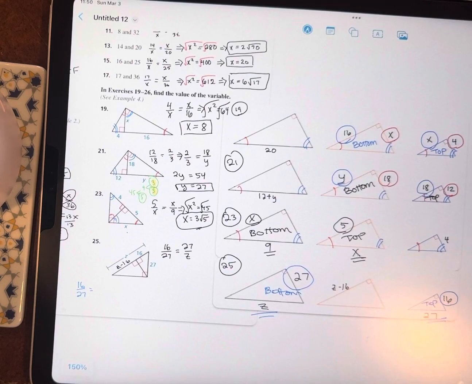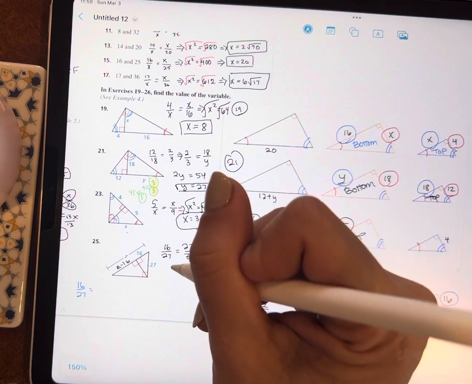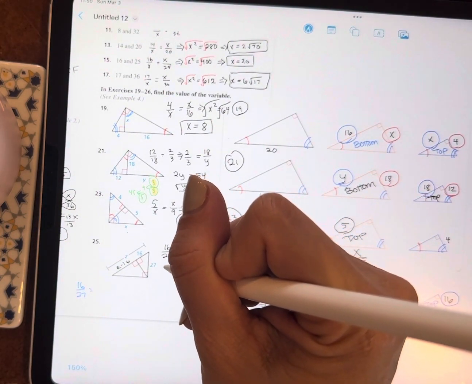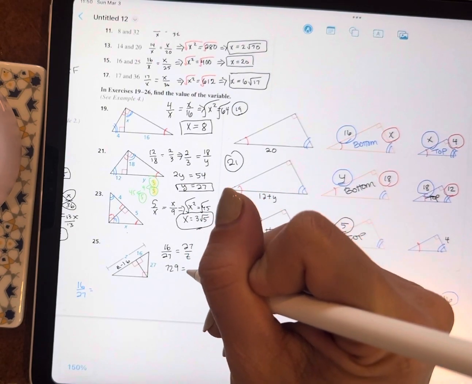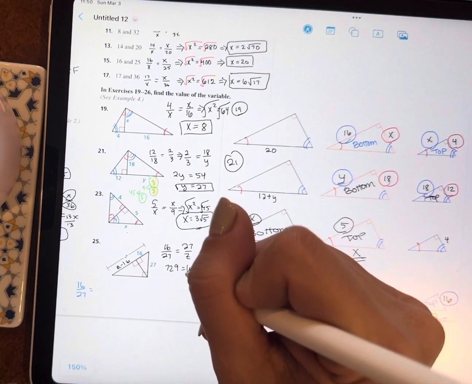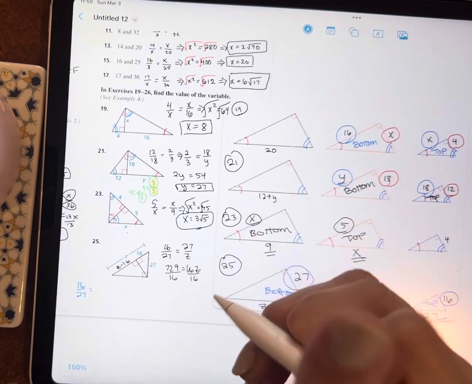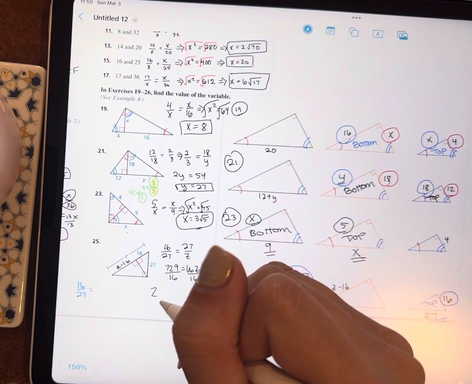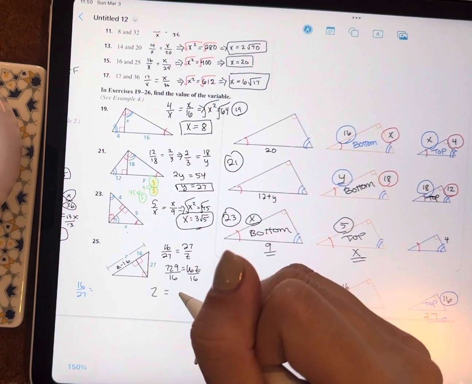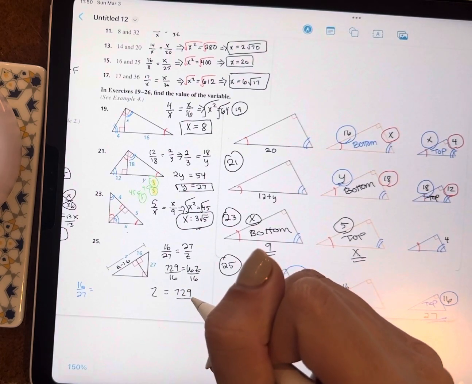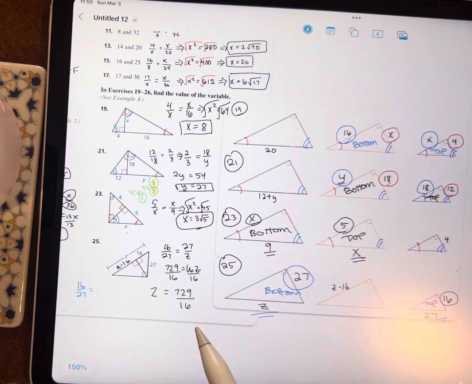Cross multiply to get 27 times 27 is 729 equals 16z. Divide both sides by 16 to get that z equals 729 over 16.